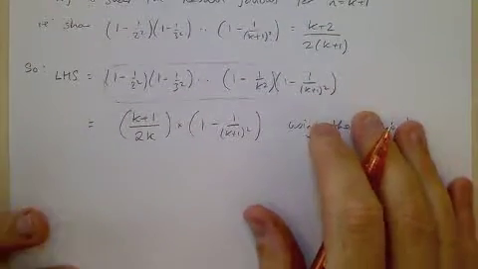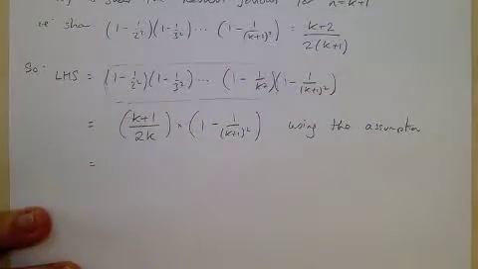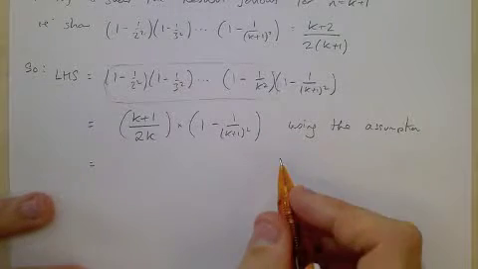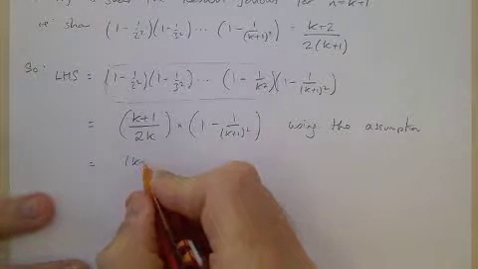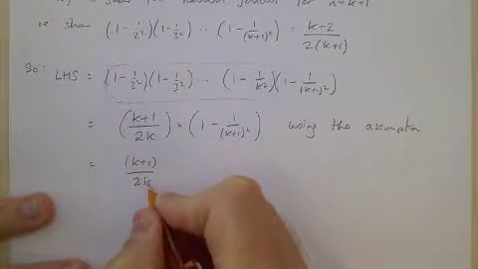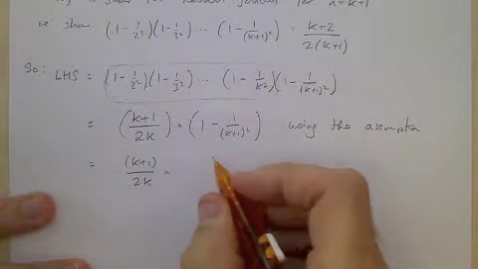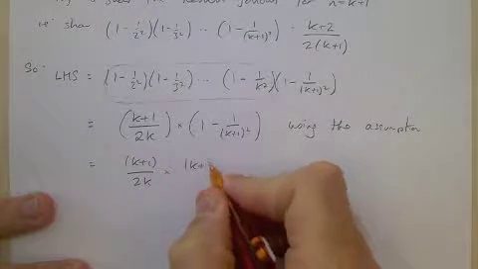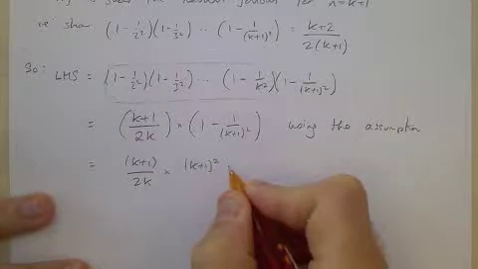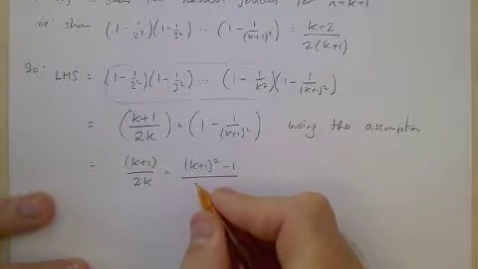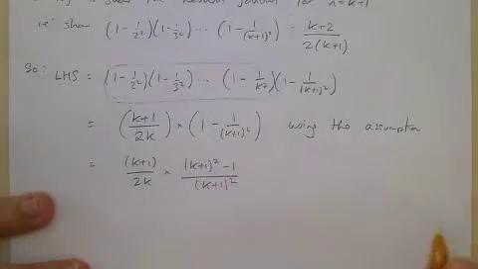And now I've got to do the algebra. What can I do with this? I want to cross multiply over here. So I've got k plus 1 on 2k times, that's going to be k plus 1 squared minus 1 all on k plus 1 squared.